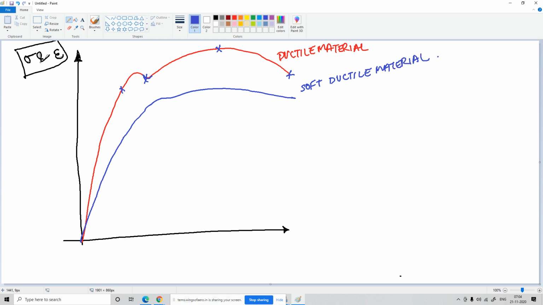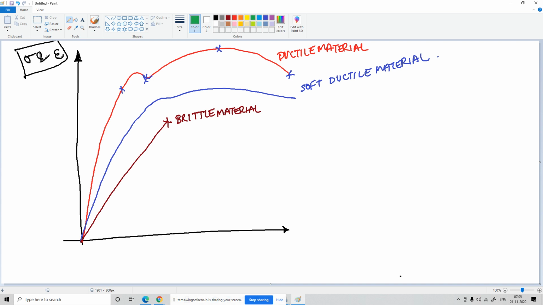Next we'll have just a straight line, then the fracture point. This one defines a brittle material. Brittle material, I hope you know what it means, that it can break easily.